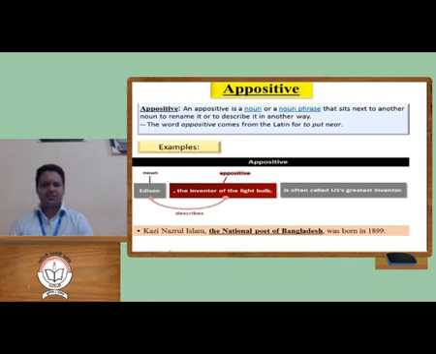This noun phrase, sitting next to the noun Kazi Nazrul Islam, acts as an appositive because it describes and renames Kazi Nazrul Islam. That's why the national poet of Bangladesh is an appositive.